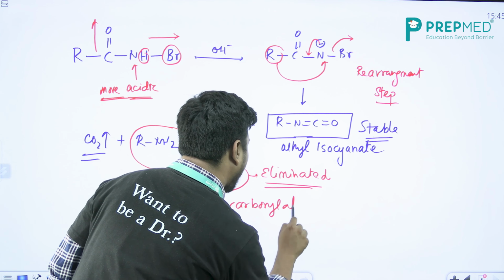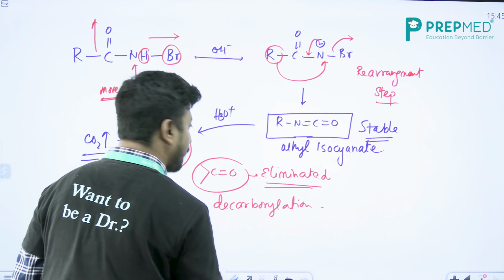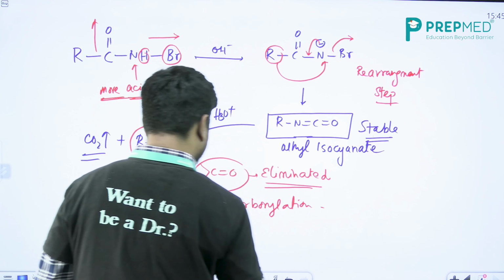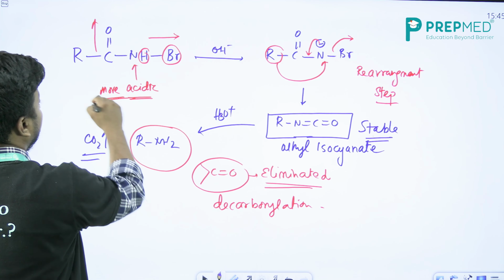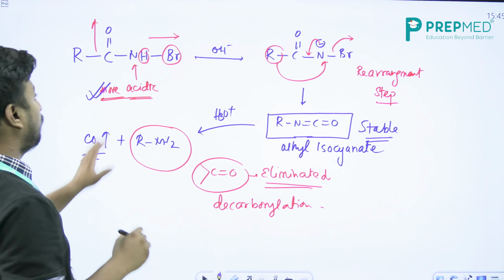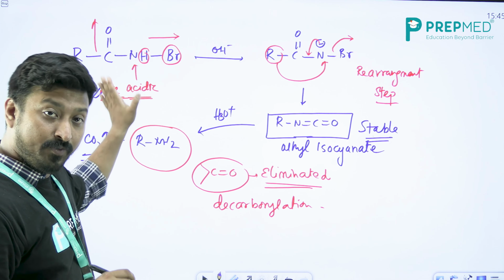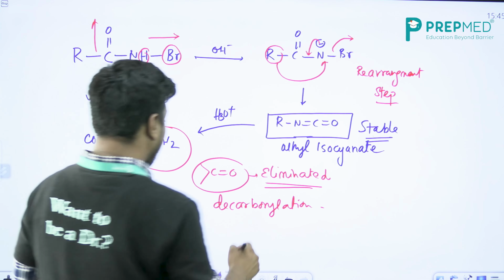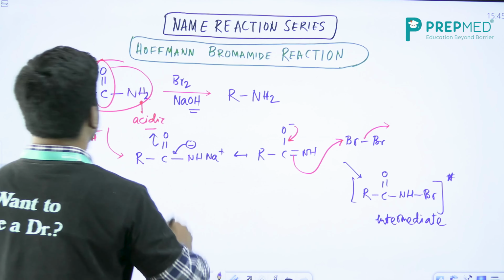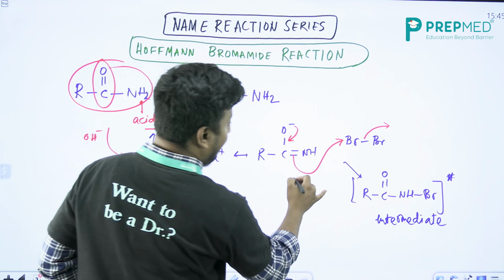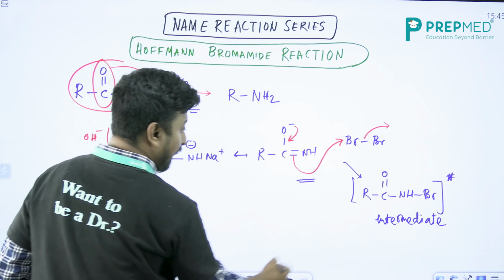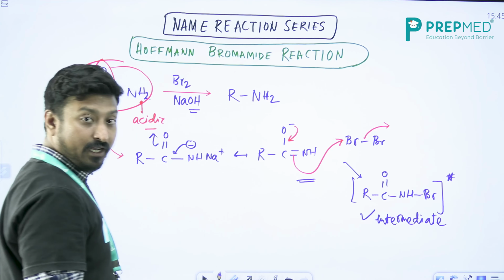Okay. So what points you need to remember here for your MCQ? Number one, you need to remember the more acidic character of the alpha hydrogen with respect to the carbonyl group. Number two, you need to remember here the first step where the attacking of the bromine takes place, and the intermediate formed.